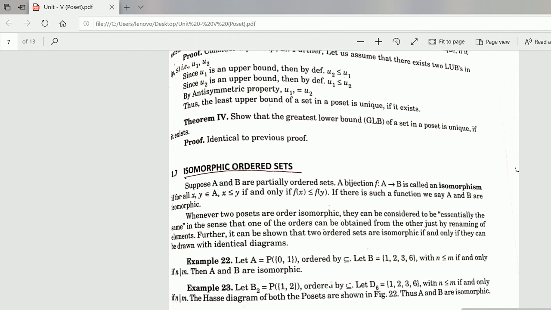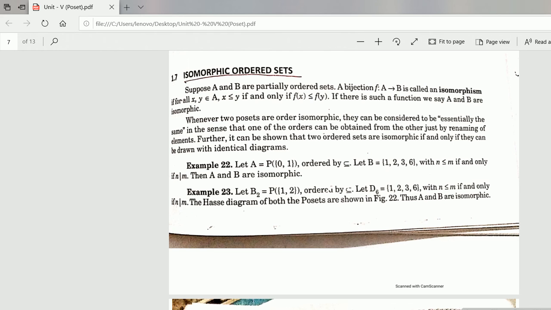We can understand this by this example. Let A be equal to P({0, 1}) ordered by subset. Let B be equal to {1, 2, 3, 6} with n less than or equal to m if and only if n divides m. Then A and B are isomorphic.